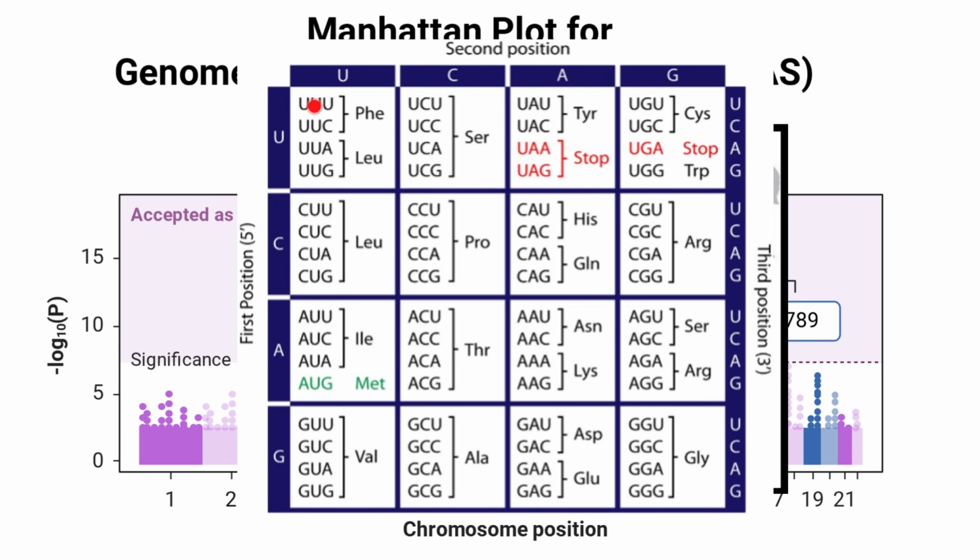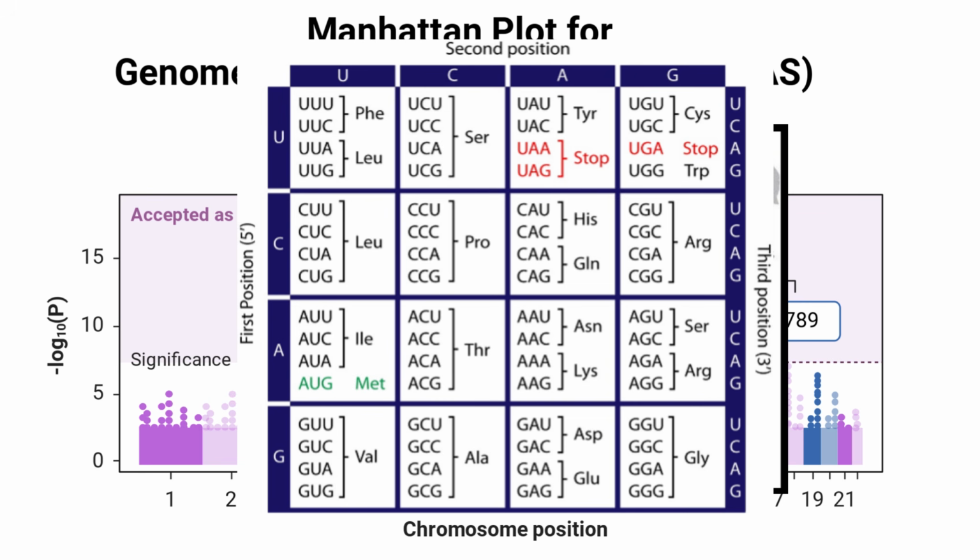But in this example, we see that the first 2 positions are the same, but when the last position changes, for example, C changes to A, that means that phenylalanine would change to leucine. And of course, a change in the first position or second position always means a change of amino acid.